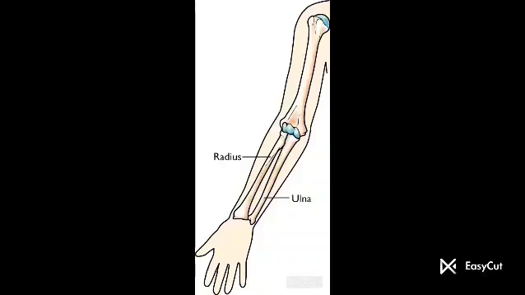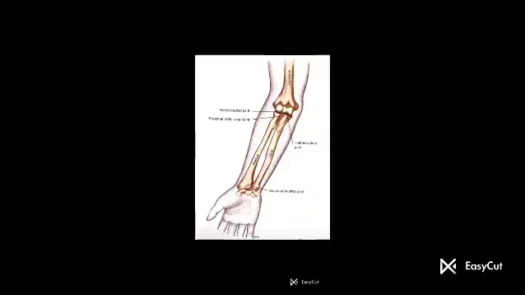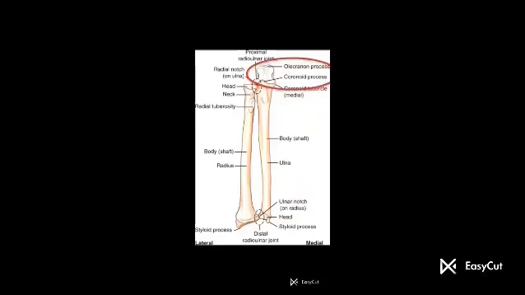So the next two bones are the radius and ulna. We see that the radius head gets articulated with the humerus. Similarly, its head also gets articulated with the ulna to form the radio-ulnar joint. Now coming to the ulna, we see that it has two processes.